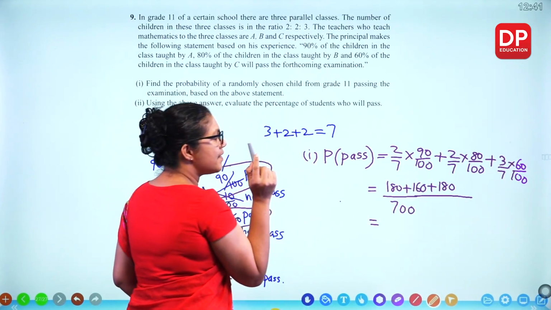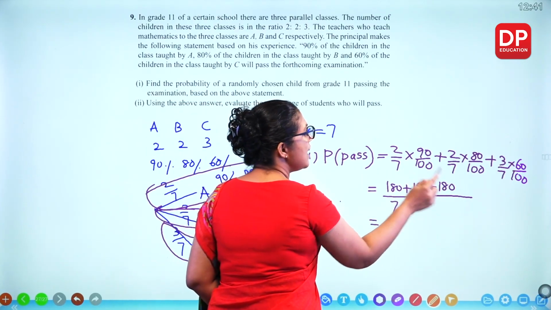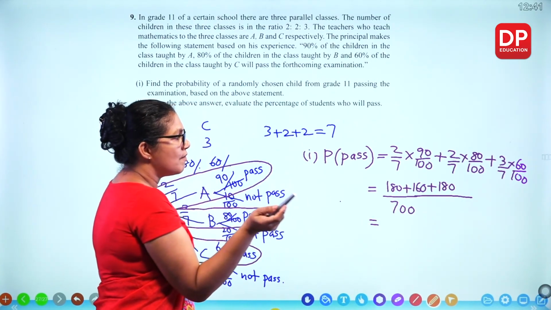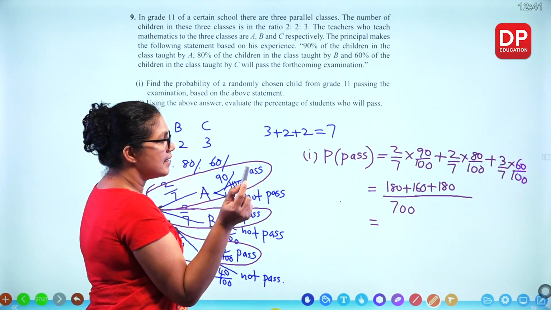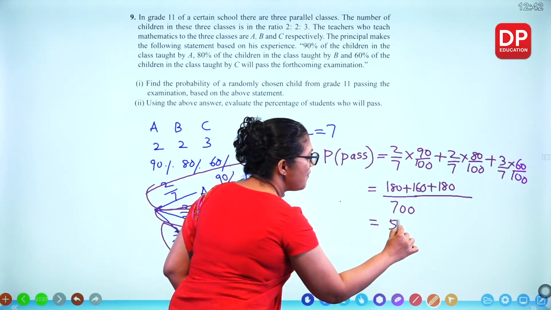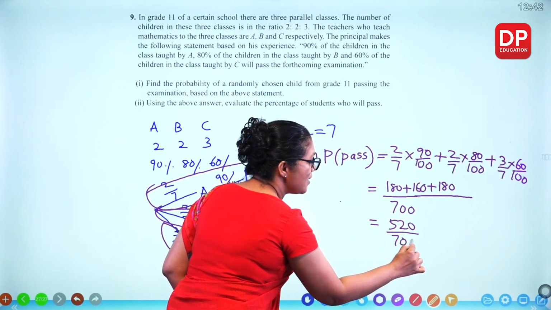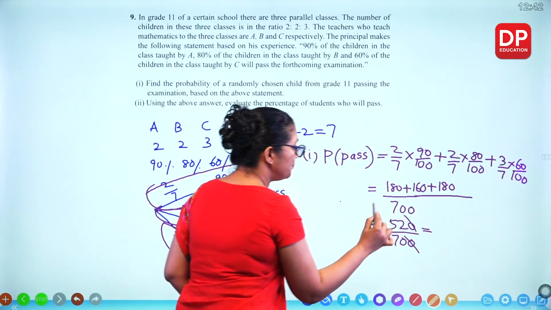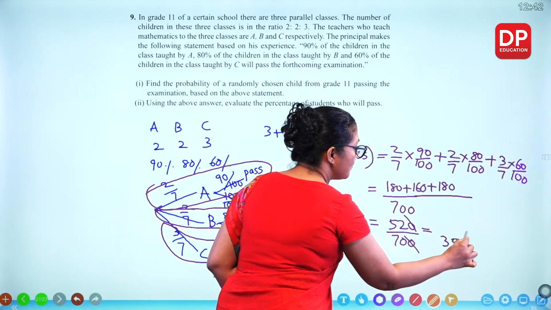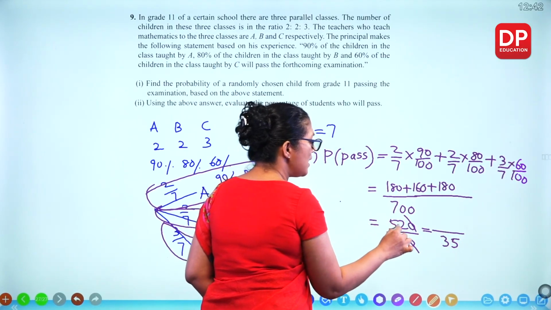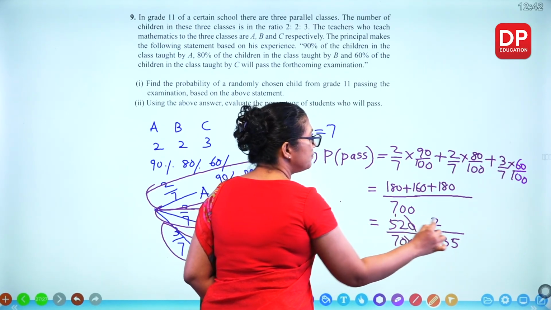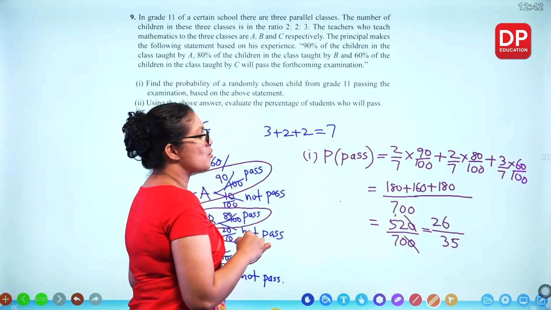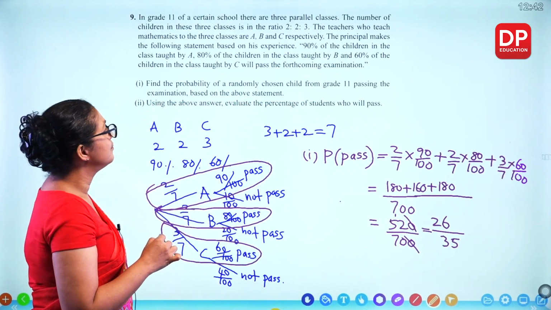Then 400, 440 and 520. So 520 over 700, 0 get cancelled out and you can divide by 2. This is 35. Divide by 2 here. You get 26 over 35.